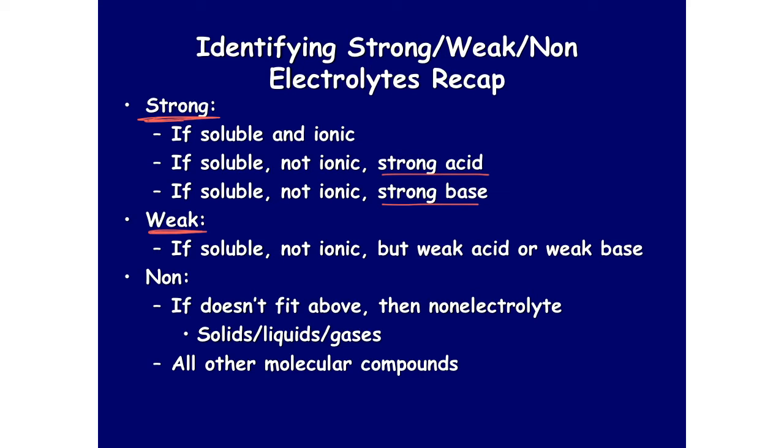It would conduct electricity somewhat, but it's going to exist as a lot of molecules together and only partially ionized. So if you have acetic acid, a lot of the acetic acid molecules stay together, only a few of them ionize, so you only have a few ions in solution, hence why it is a weak electrolyte and does not light up brightly.